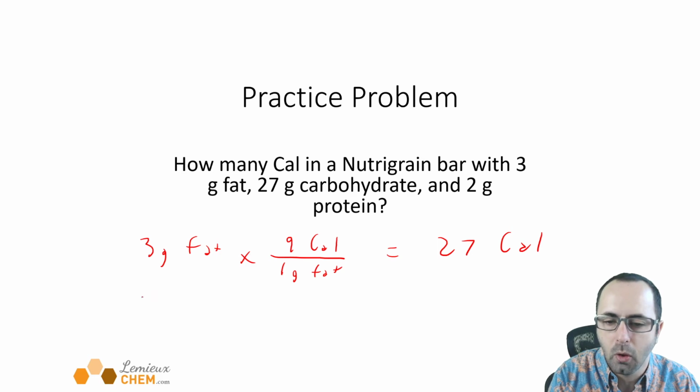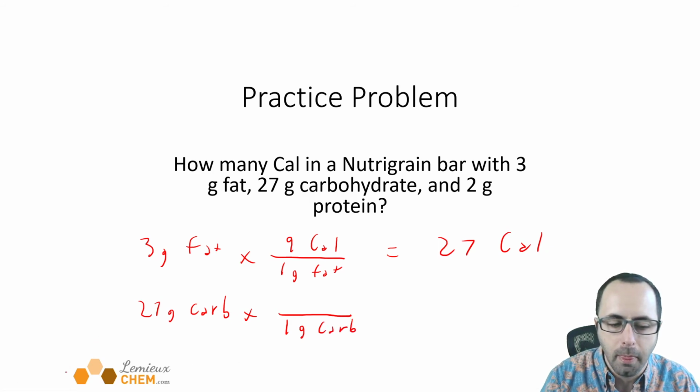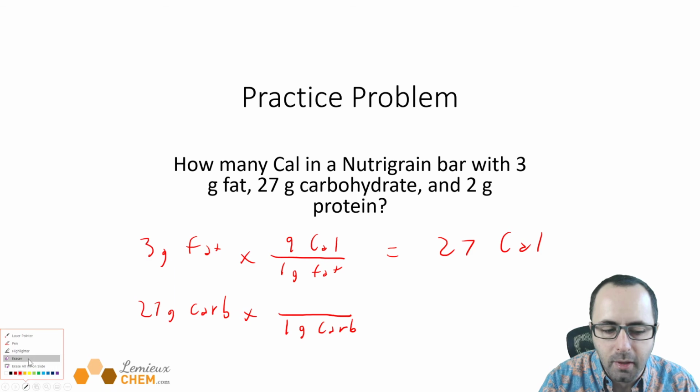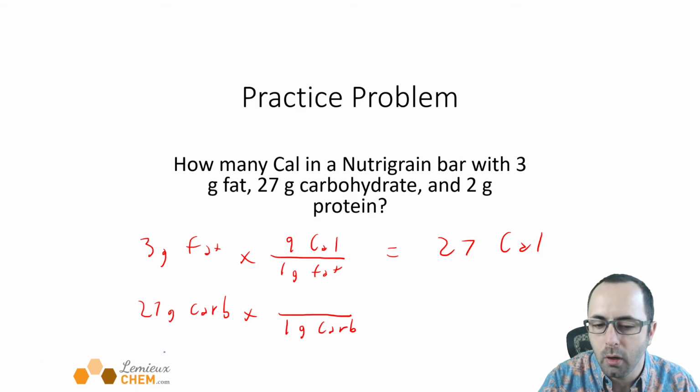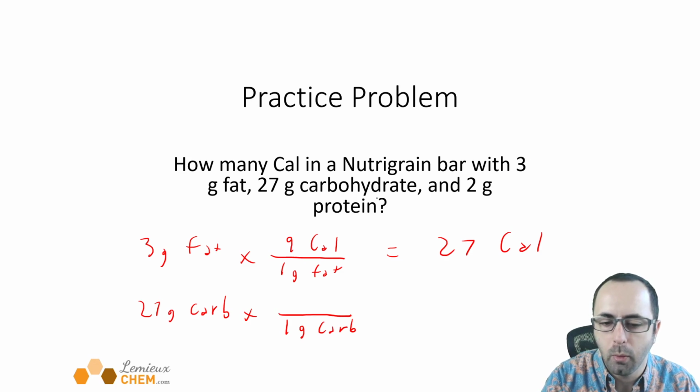And then we've got 27 grams of carbs. And we know 1 gram carb. So notice what I'm doing here. I'm doing the same exact strategy that we used when we were doing conversions in the last chapter.